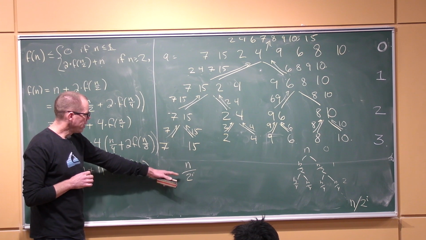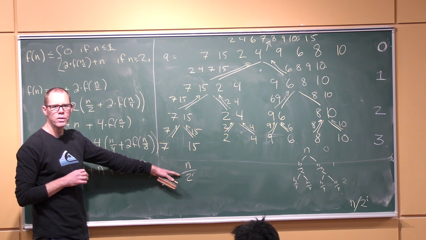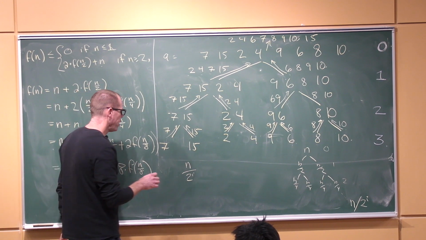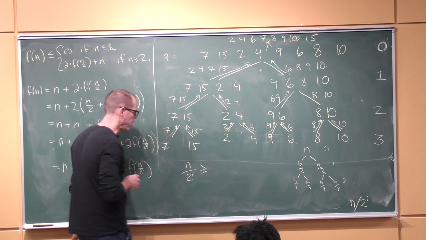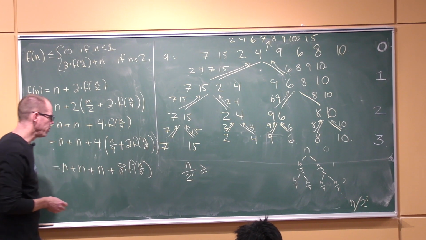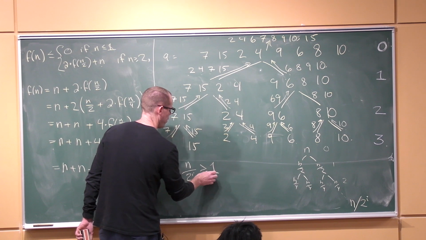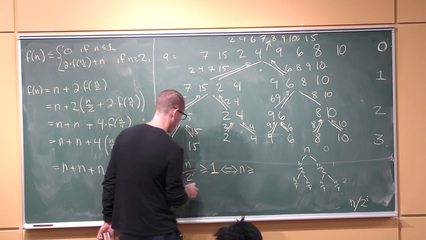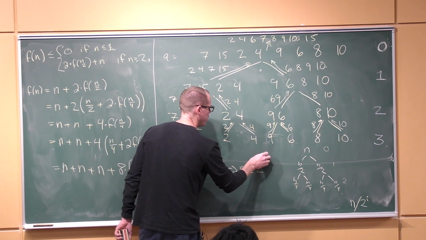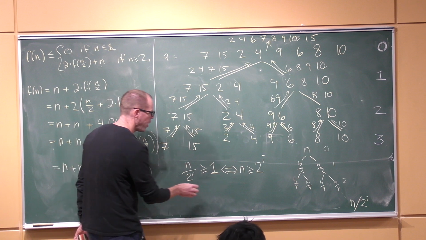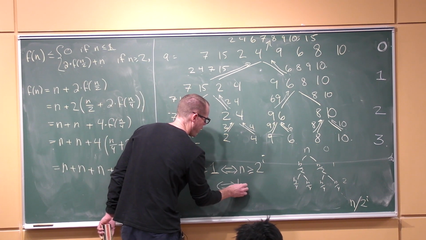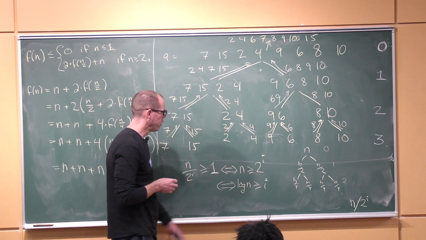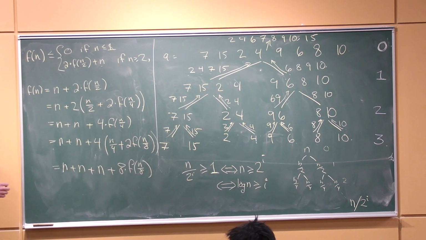On the other hand, I stop as soon as this thing is less than or equal to 1. So that means that n divided by 2 to the i should be bigger than or equal to 1, which is the same thing as saying that n is bigger than or equal to 2 to the i, which is the same thing as saying that log n is bigger than or equal to i, or rather, i is less than or equal to log n.